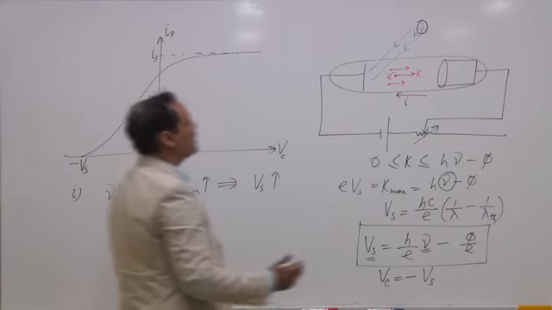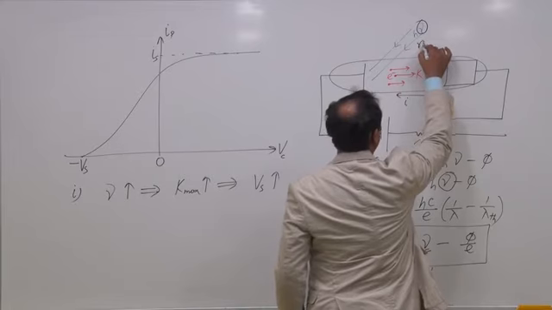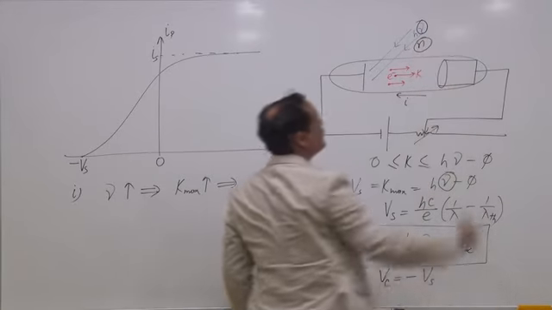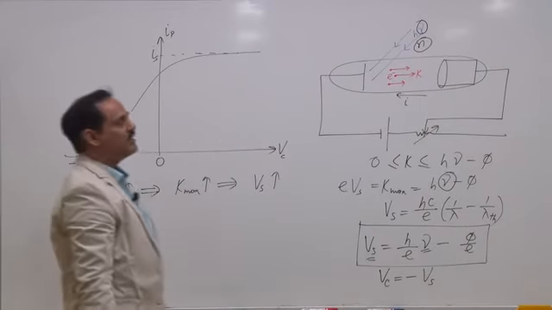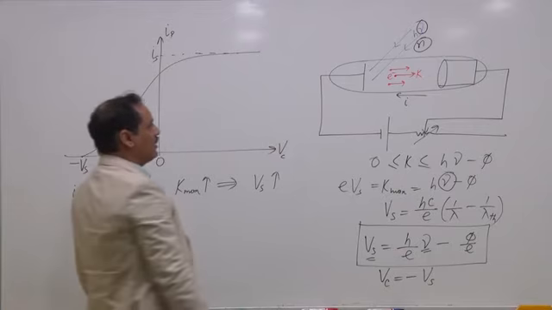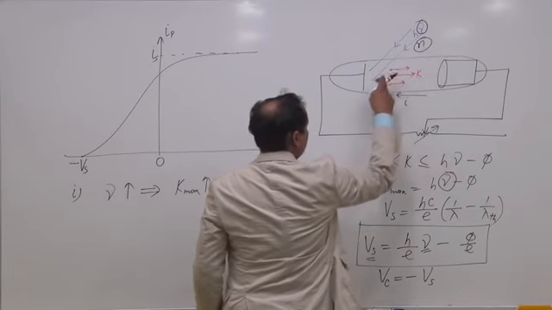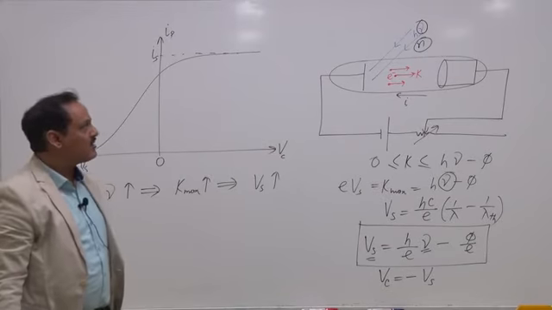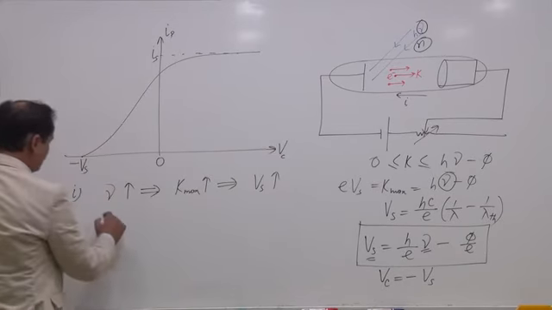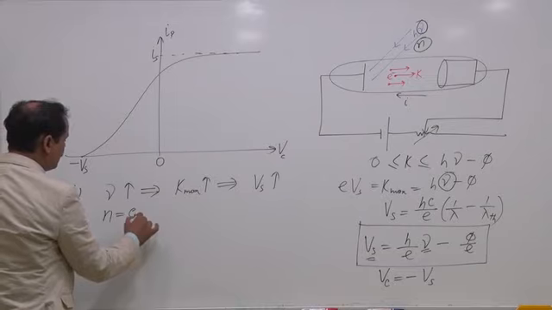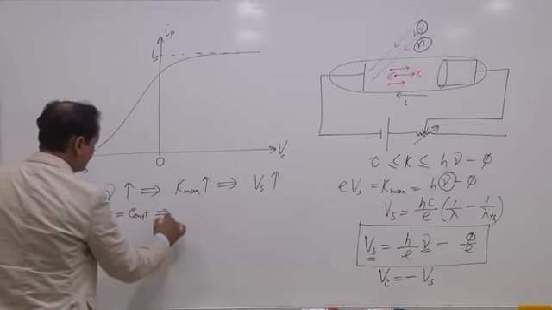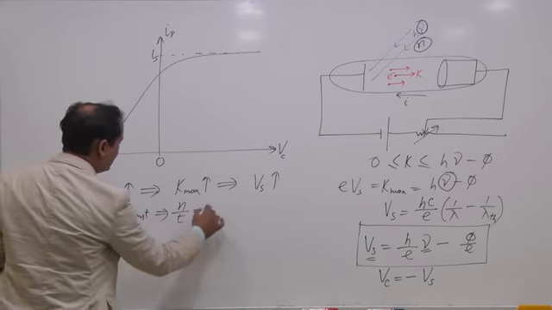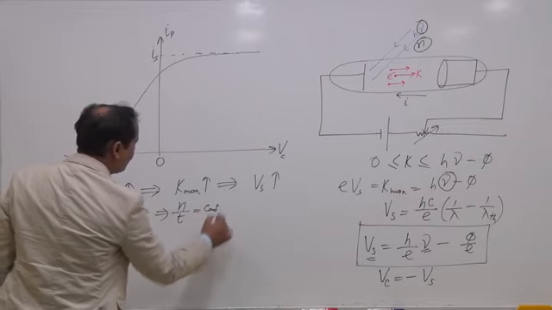But if we do not change the number of incident photons, if number of incident photons falling per unit time is kept constant, the number of electrons emitted per unit time also remains constant. So, as n is equal to constant, this implies n by t is equal to constant.